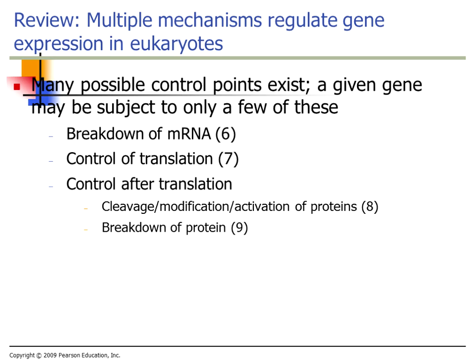Then we talked about breakdown of messenger RNA depending on the poly A tail. And we talked about control of translation. Here we also talked about micro interference RNA.